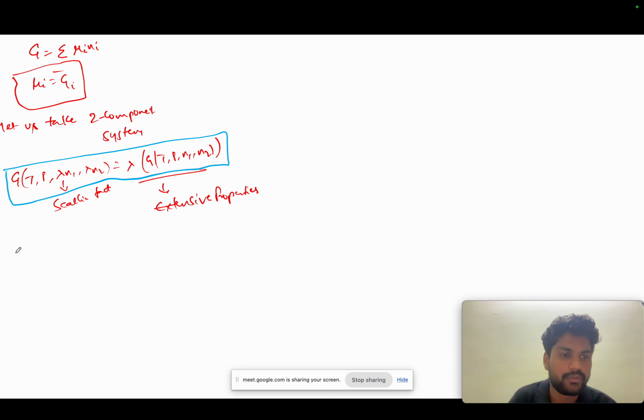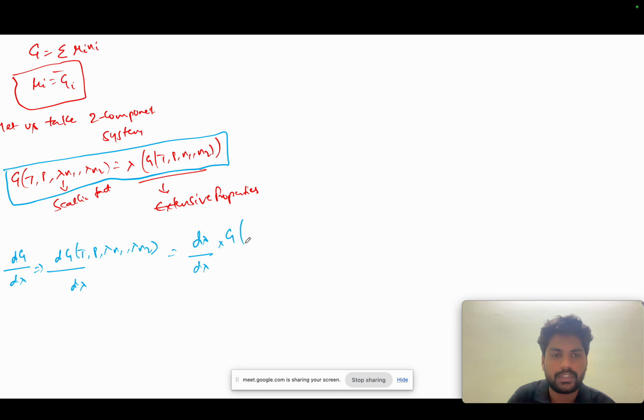Now if I apply d by d lambda on both sides, dG of T comma P comma lambda n1 comma lambda n2 by d lambda is equal to d by d lambda of lambda into G of T comma P comma n1 comma n2. Since d lambda is at constant temperature and pressure, this is constant.